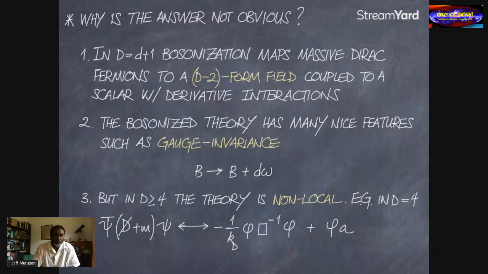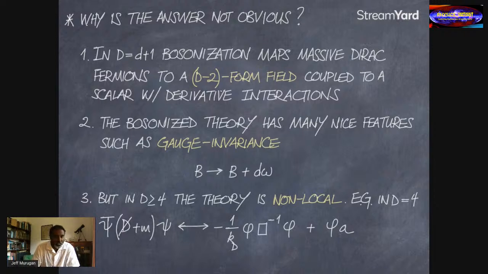However, and this was also something that was known for a while now, if the dimension of the space-time is bigger than or equal to 4 dimensions, then the resulting bosonic theory is actually a non-local theory, in the sense that there are, in essence, an infinite number of higher derivatives rather than just a quadratic derivative.